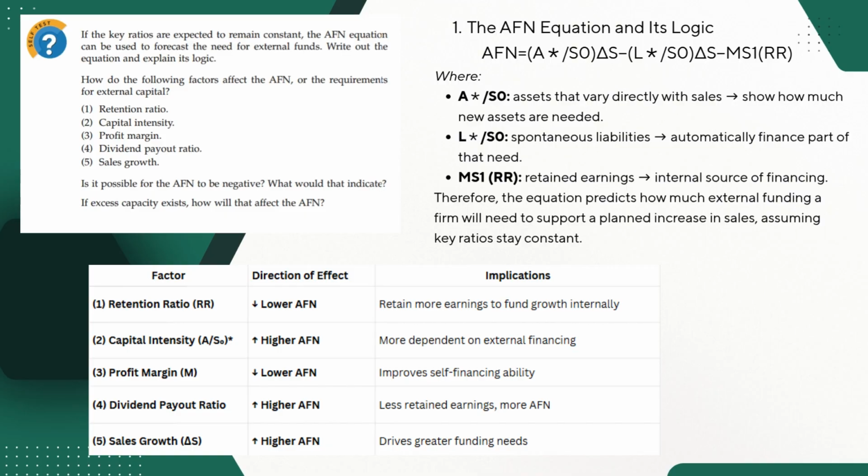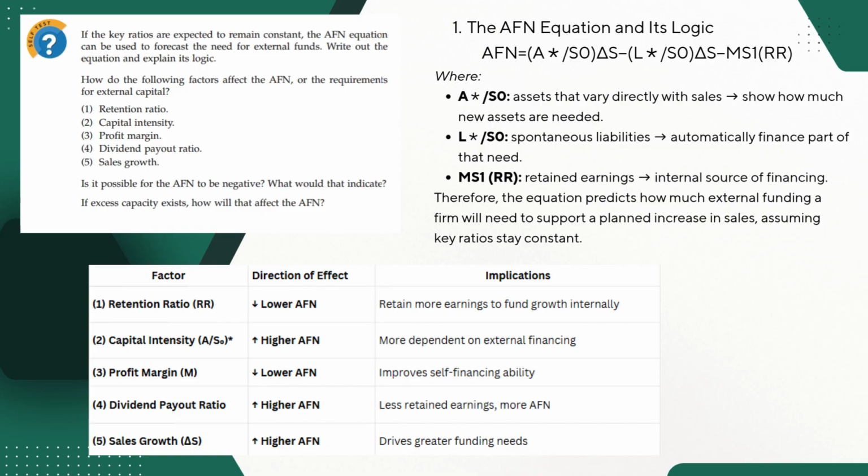Next, profit margin. A higher profit margin means more income per peso of sales. The more profitable the company, the more it can finance its own growth and rely less on outside funds. It means they need lower AFN.